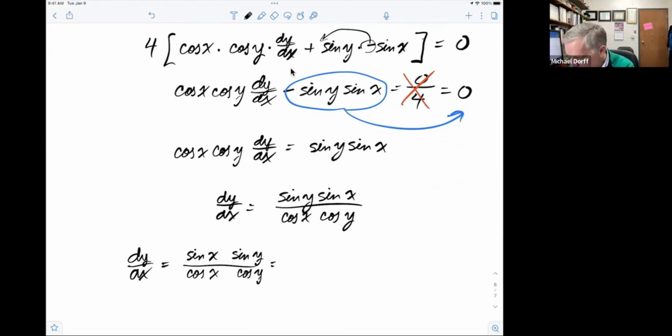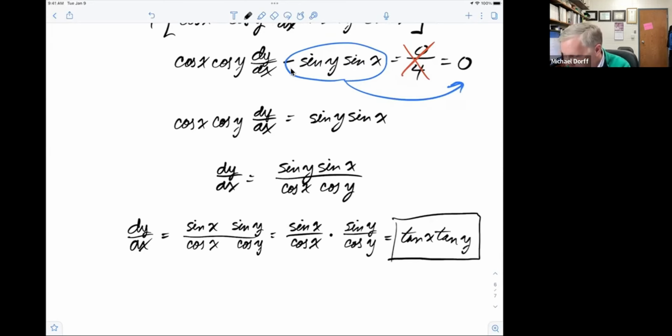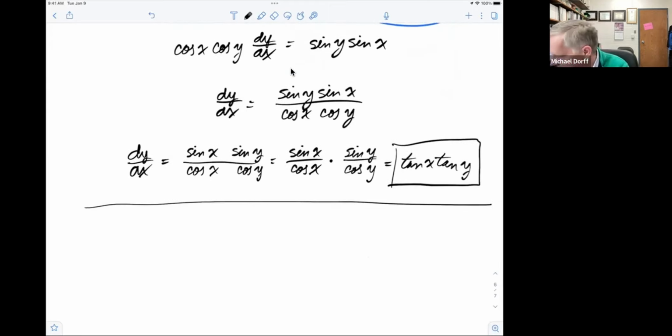And I can break that up into 2 fractions, sine x over cosine x times sine y over cosine y. And what are those? Well, sine over cosine, as long as the x and y's are the same, is tangent. So this is going to be tangent x, tangent y. And that's probably the way the answer is written in your book or in a multiple choice example.